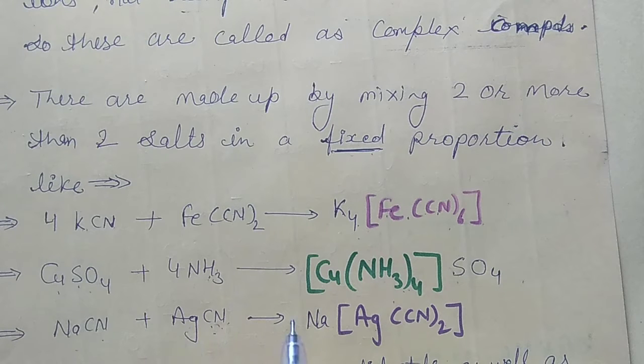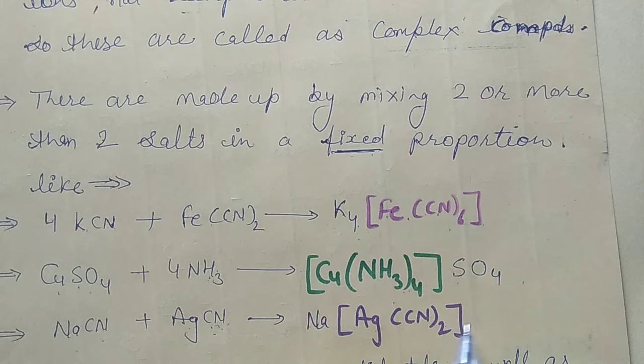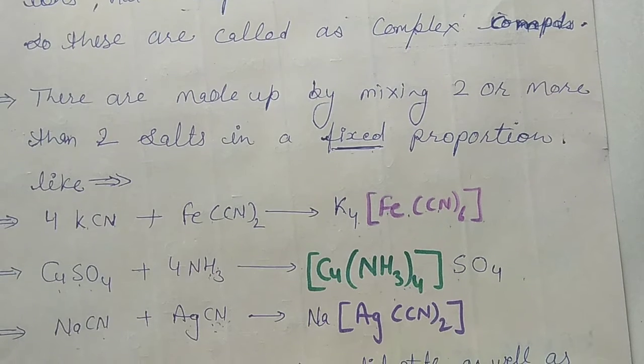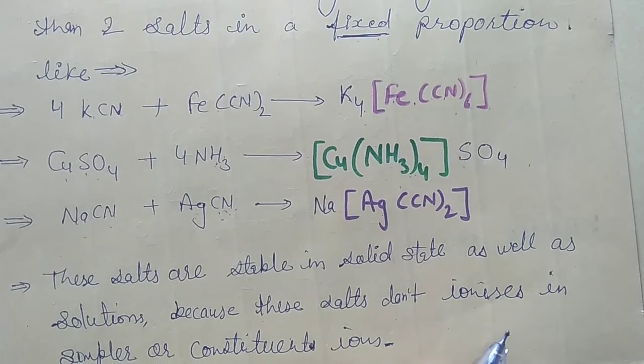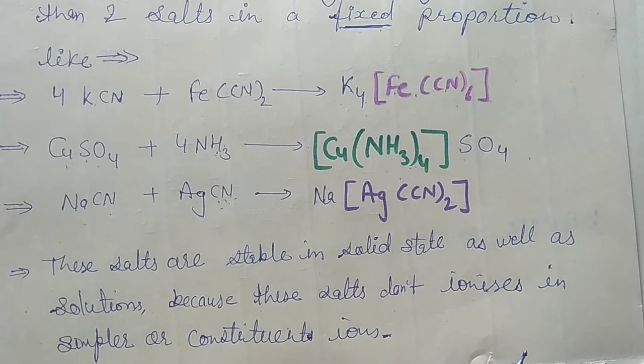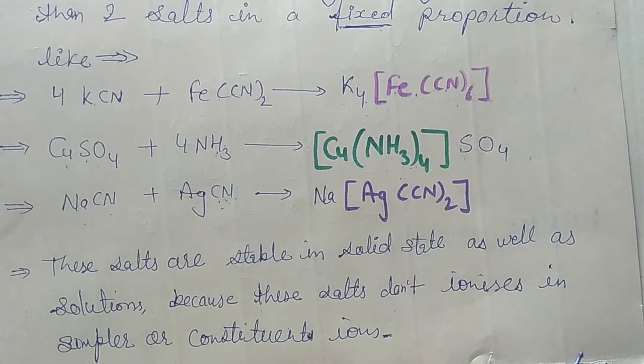I want to say that these compounds are not ionized in water, meaning these compounds are stable in the solid state as well as in solution. Clear? These salts are stable in solid state as well as in solution because they don't ionize into simpler or constituent ions.